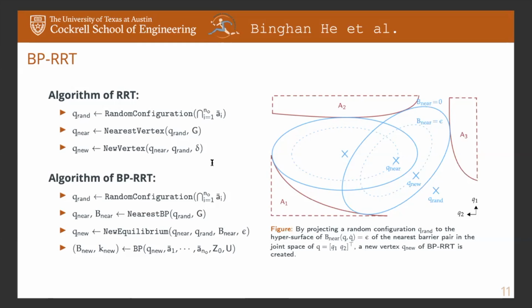Instead of expanding the graph with a constant distance delta, we create a new equilibrium at a level set of the nearest barrier pair corresponding to a smaller than 0 value epsilon. Then we can create a new barrier pair centered at this new equilibrium. It will guarantee the new barrier pair is always automatically connected with the existing barrier pair.